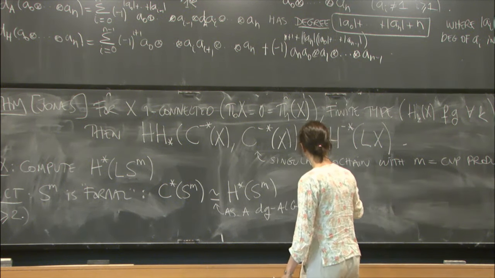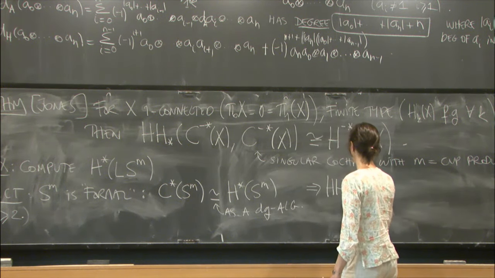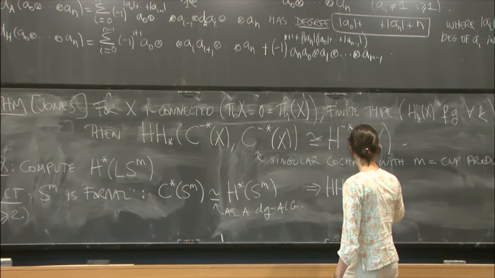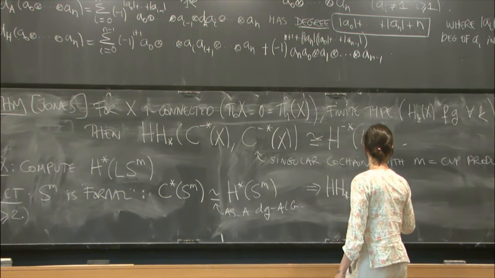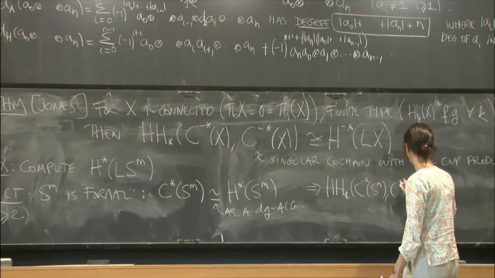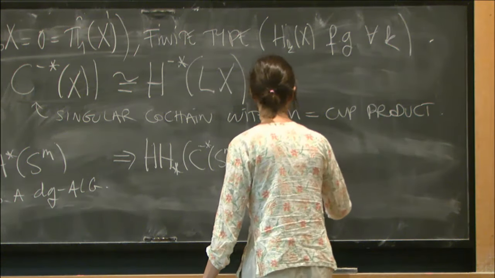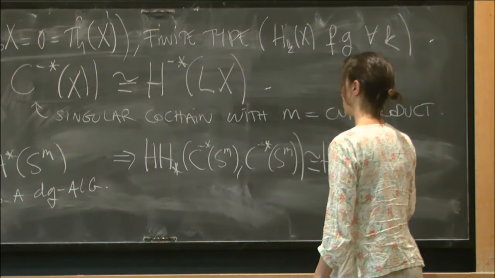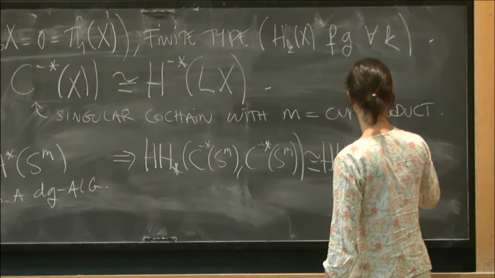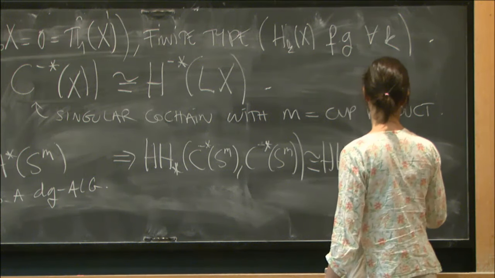This implies that the Hochschild homology of the cochains C minus star of SM is isomorphic to the Hochschild homology of the cohomology H minus star of SM.